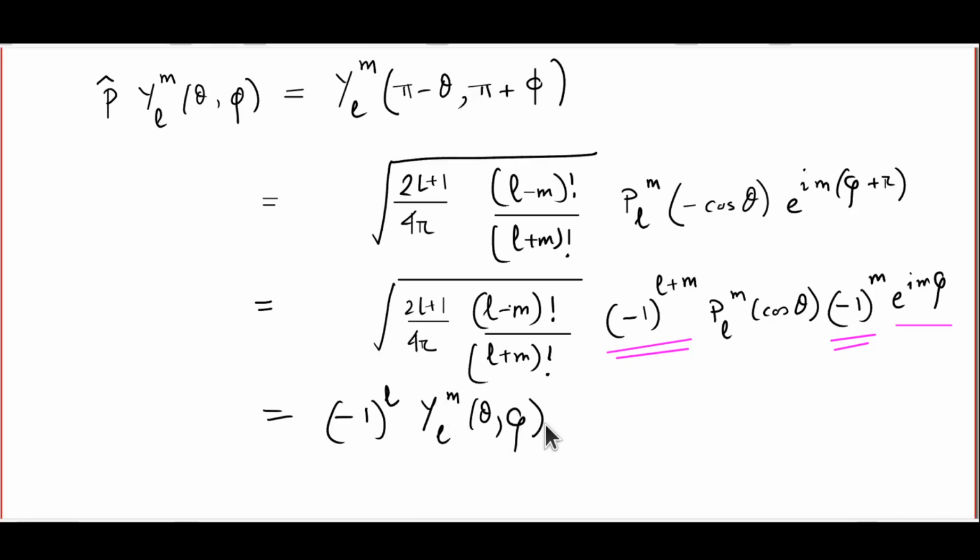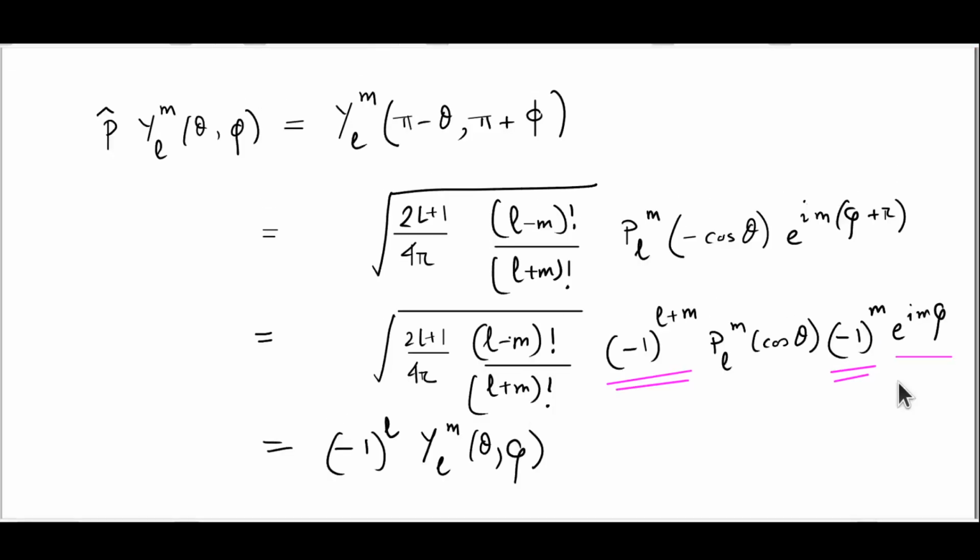So the final result is that the parity of the spherical harmonics depends only on l and not on m, and a spherical harmonic is an even function under parity if l is even, and an odd function under parity if l is odd.